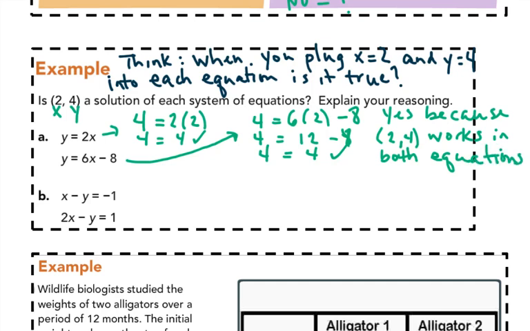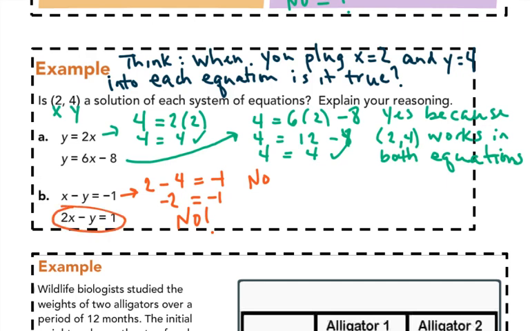All right, let's try part B. Part B, if we plug in 2 for x and 4 for y, does it work? So 2 minus 4 is negative 2. Does that equal negative 1? No. So the answer, I don't even have to check the second one.